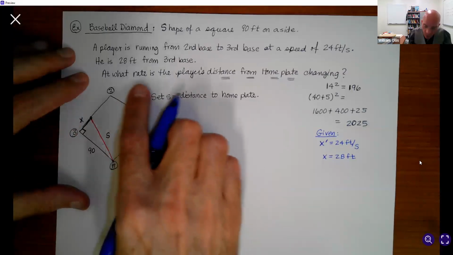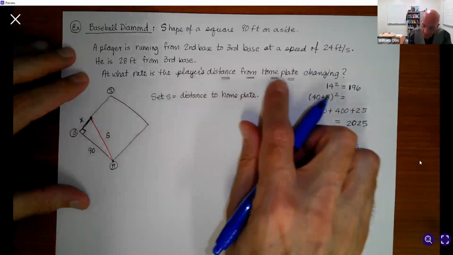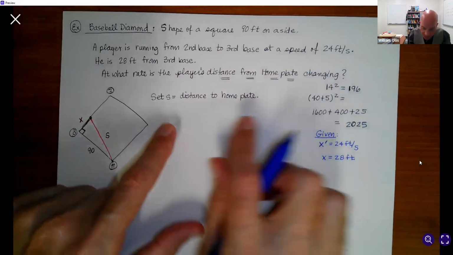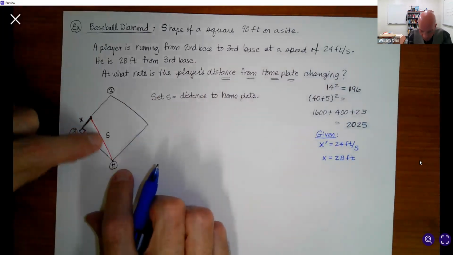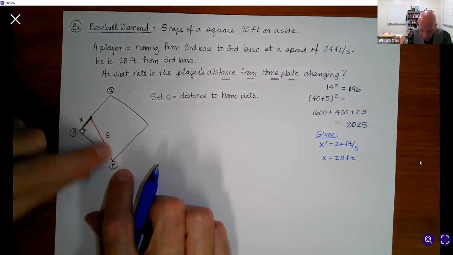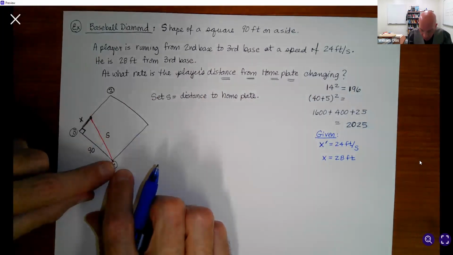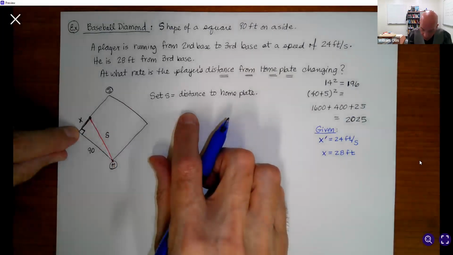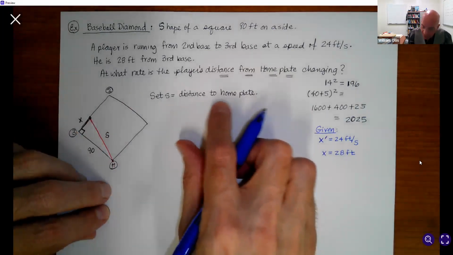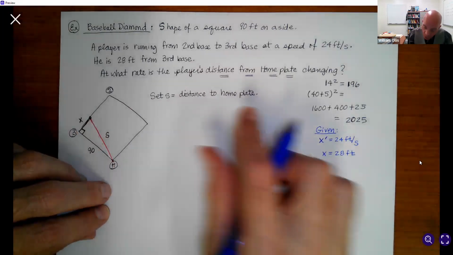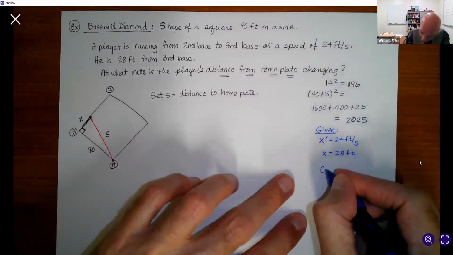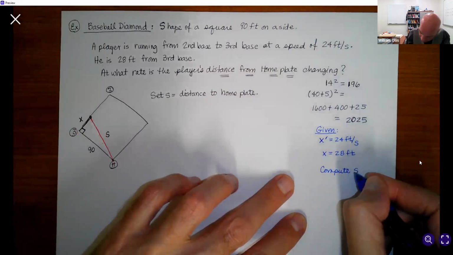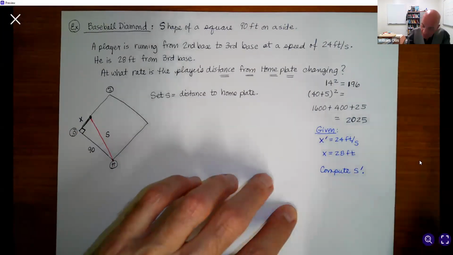Then it says, at what rate is the player's distance from home plate changing? Okay, now what I did is I just drew the hypotenuse basically of the right triangle here and called it S and did my right angle here. And S will just be the distance to home plate. So what we want to do is compute S prime under these conditions.